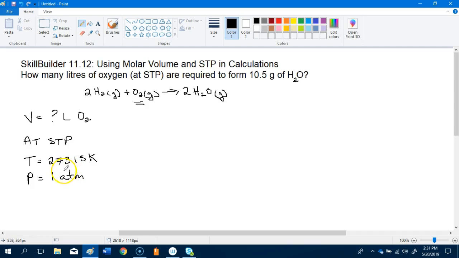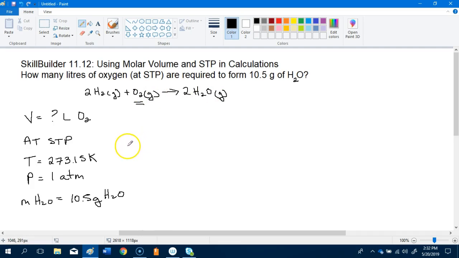And we are given our mass of H2O as 10.5 grams. So given 10.5 grams of H2O, how many liters of oxygen are needed to create that?